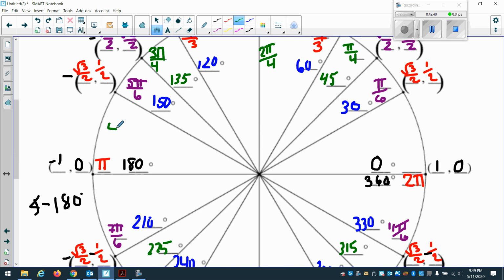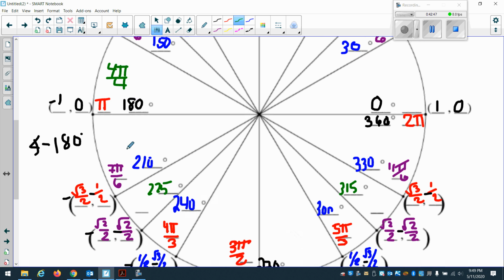And then here you would have 4 pi over 4. Then another 45 degrees, 5 pi over 4. This is 6 pi over 4. 7 pi over 4. And rounding off at 8 pi over 4.